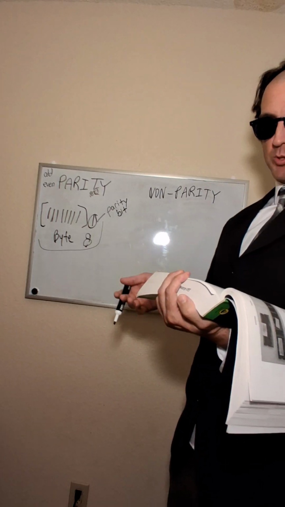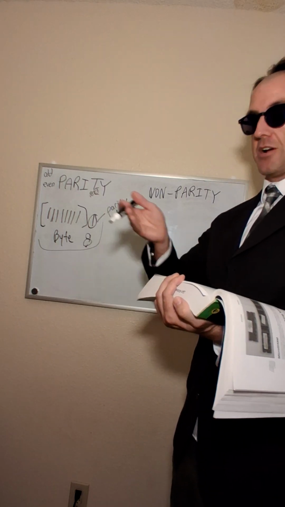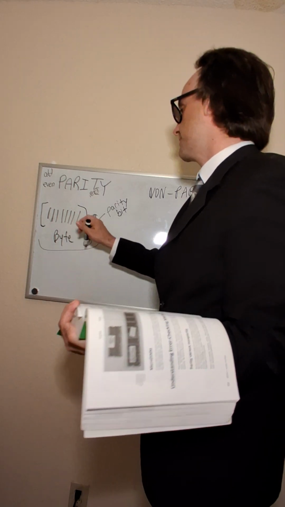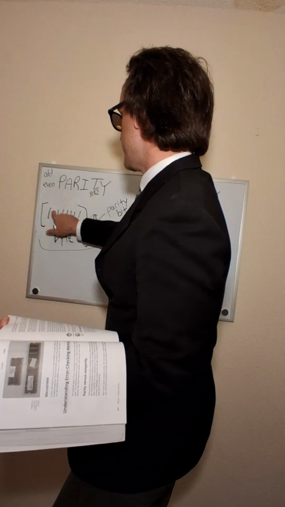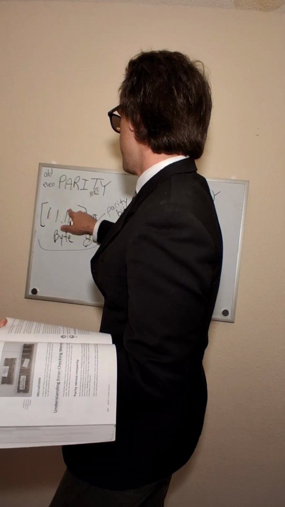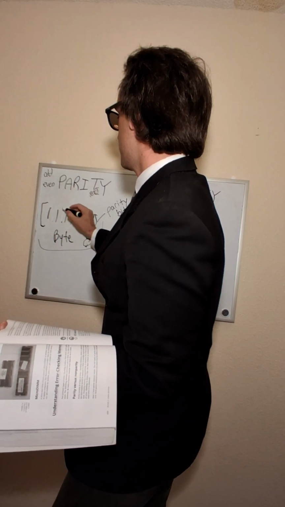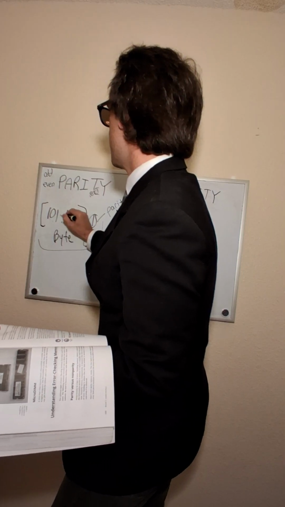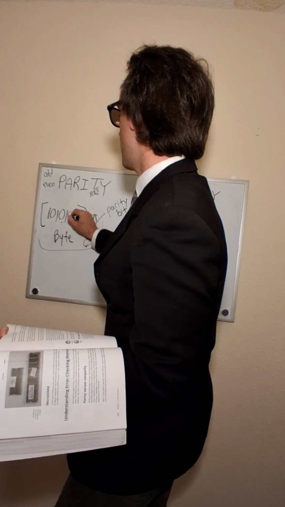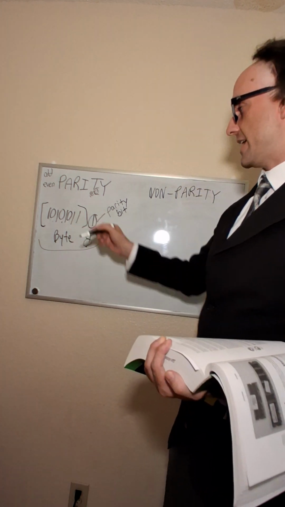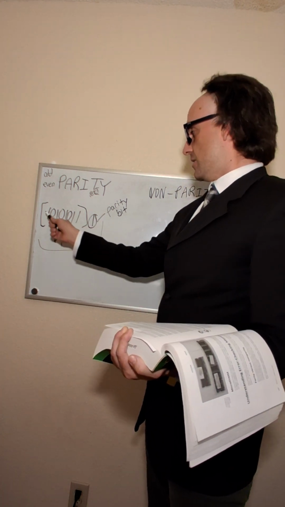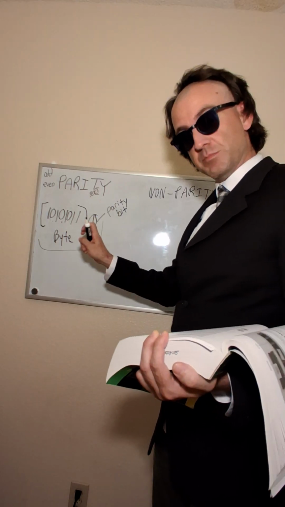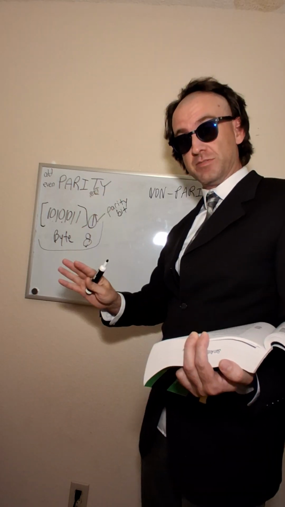If the number of enabled bits is odd, the parity bit is enabled. So let's say this byte was made up of a 1, a 0, a 1, a 0, a 1, a 0, and a 1 and a 1. Then we add all of the ones, everything that's turned on, because 0 means turned off.